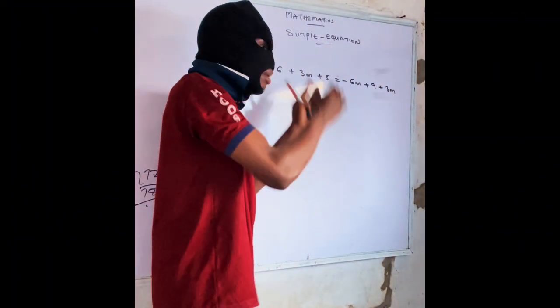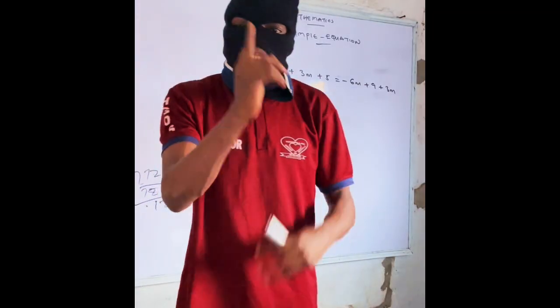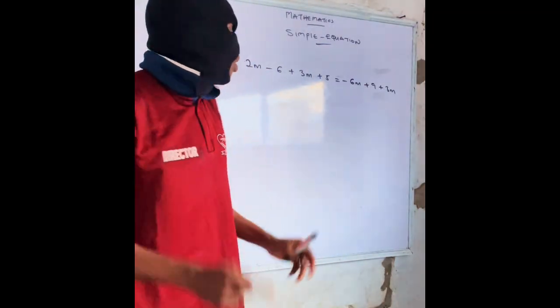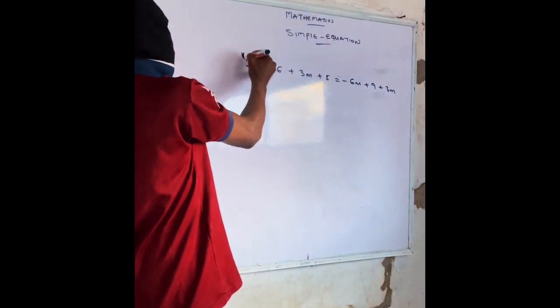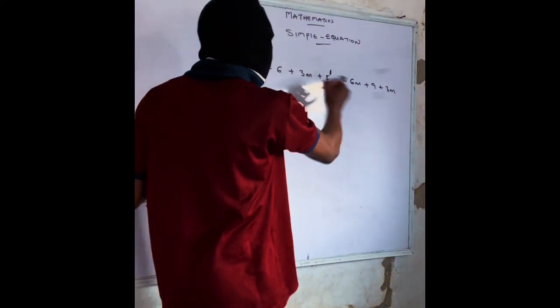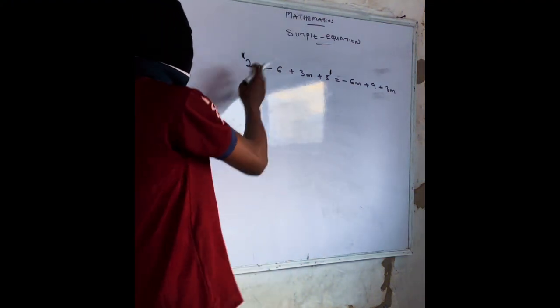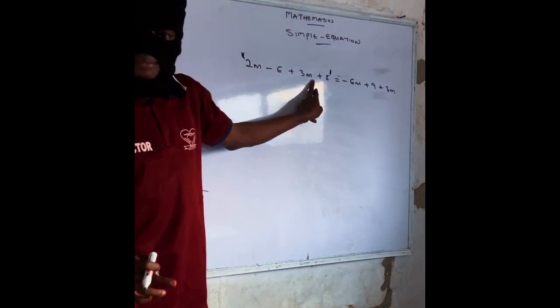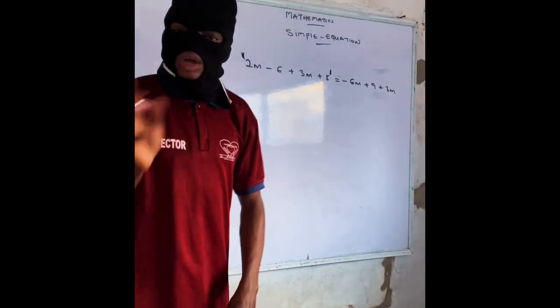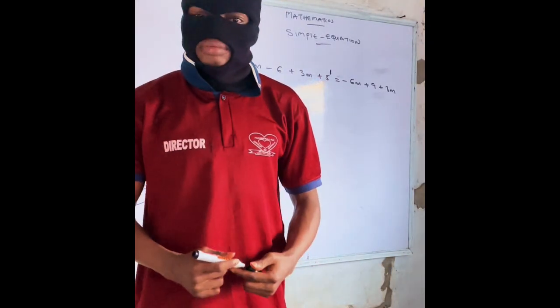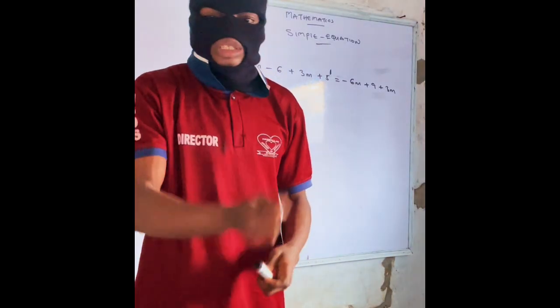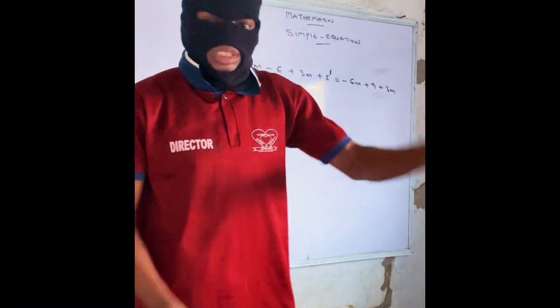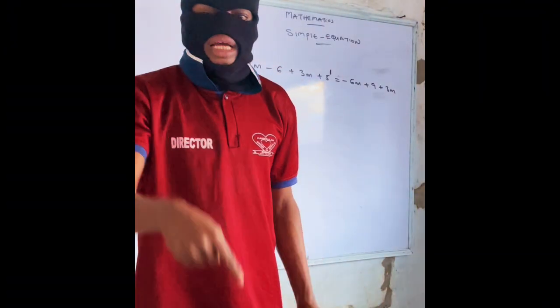This has become an equation because it has an equal sign. From this point to this point, it is an expression. You have m here, you also have m here. You have numbers here, you have numbers here. So no sign is changing. Plus is not changing to minus, minus is not changing to plus, but yet you are collecting like terms.